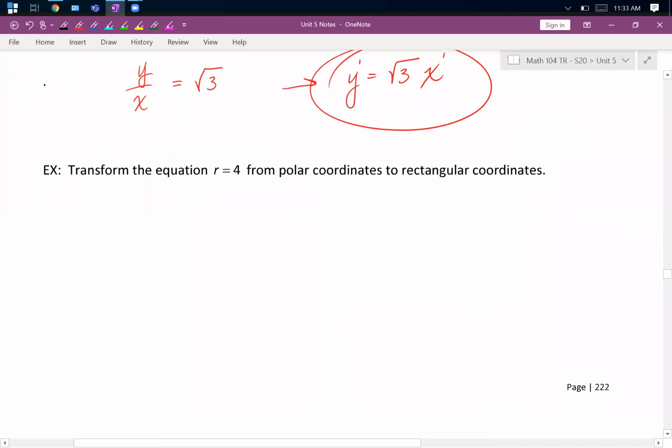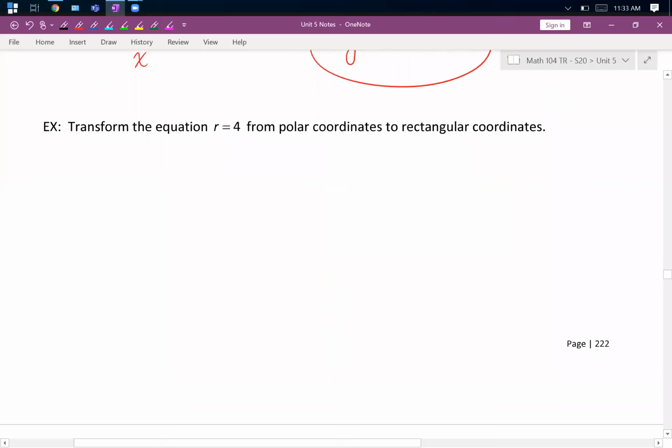All right, let's transform the equation r equals 4 from polar coordinates to rectangular coordinates. So we want to get rid of the r, not necessarily introduce a theta if we don't have to, and be left in our final answer with x and y.